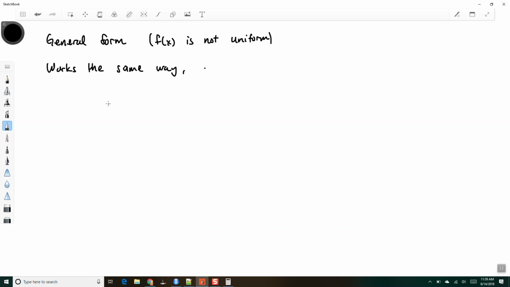Okay, and so we desire the expected value of our function over some distribution f of x. Okay, and we apply this over basically the domain of that.